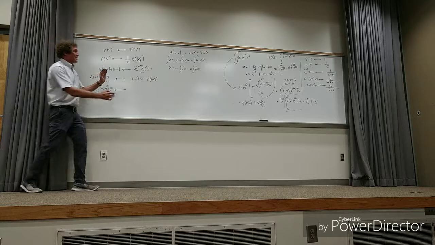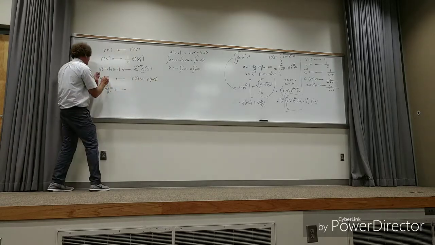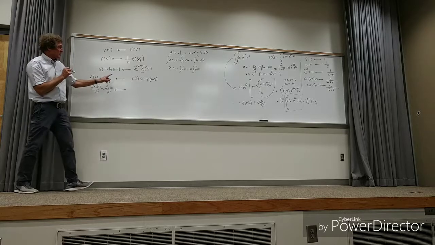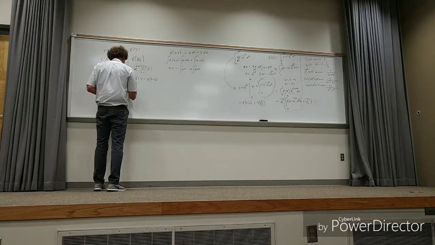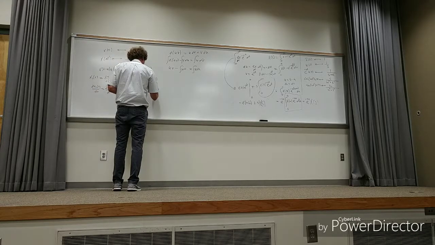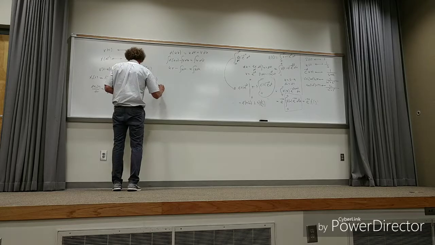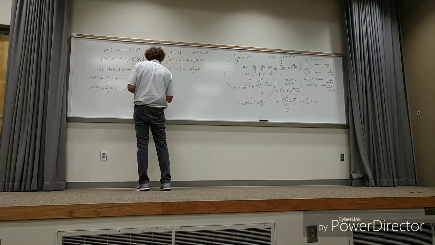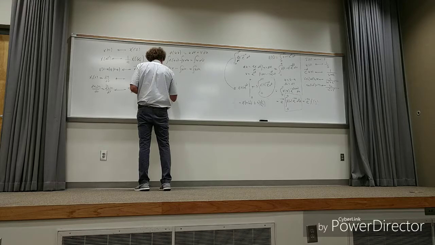Well, then I take this quantity, because that is the x of s of x2, isn't it, class? And then I do the same operation again. So I take s times the quantity, s x of s, minus x of t equals 0 minus, and then it's going to be the value of the function x2 at t equals 0, which is really minus dx dt at t equals 0 minus.